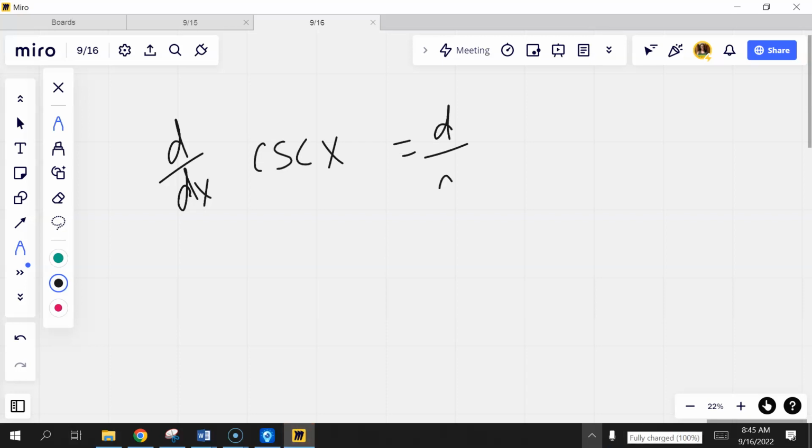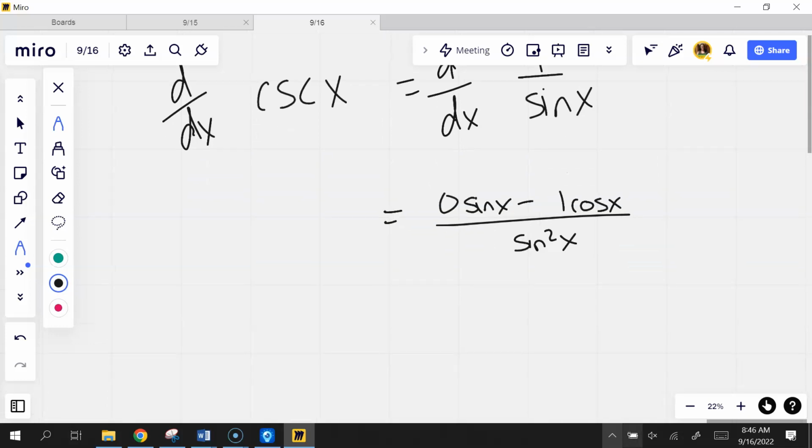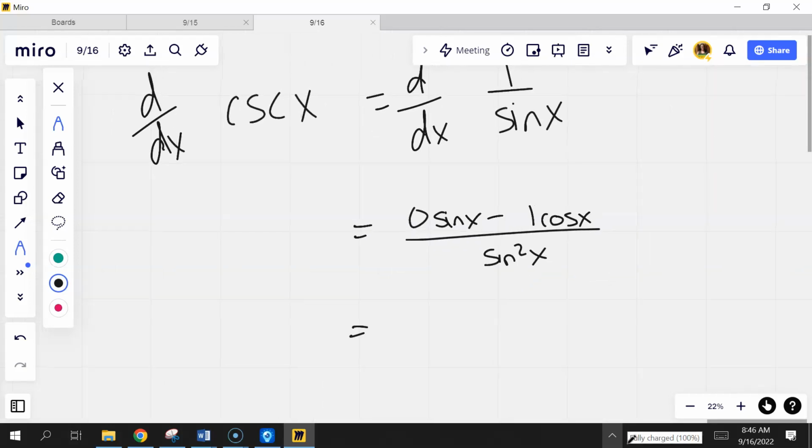I'm going to rewrite this one as 1 over sine. And I'm going to start with the same quotient: derivative of the top times the bottom minus top times derivative of the bottom, all over bottom squared. Did I do it wrong? Yes.